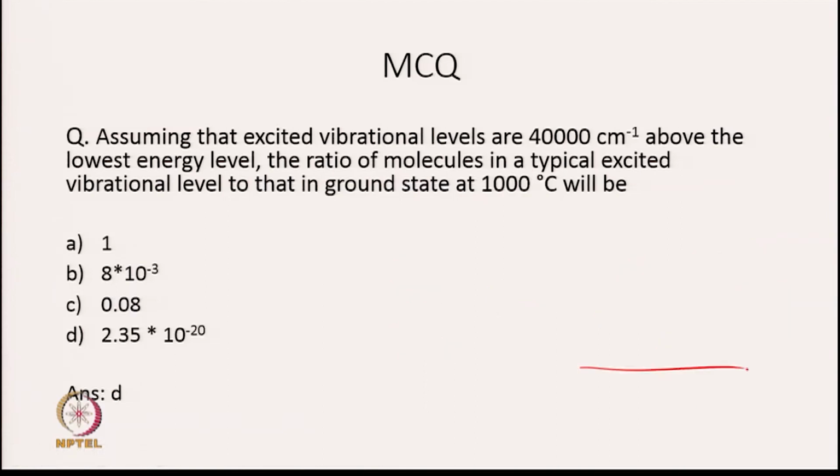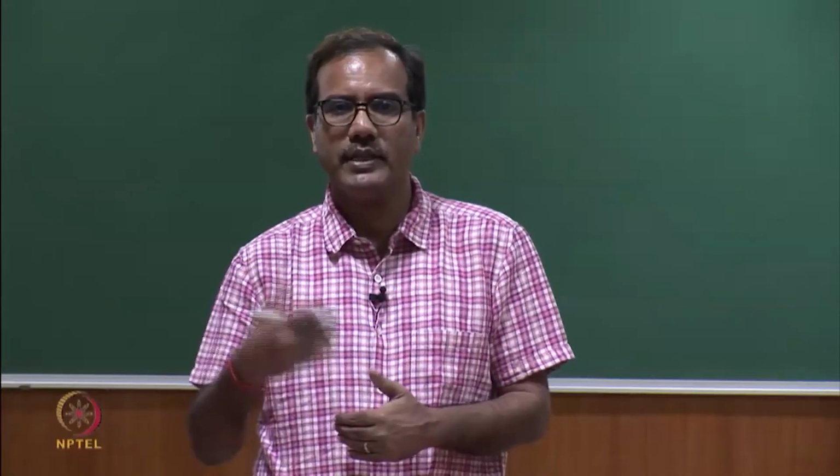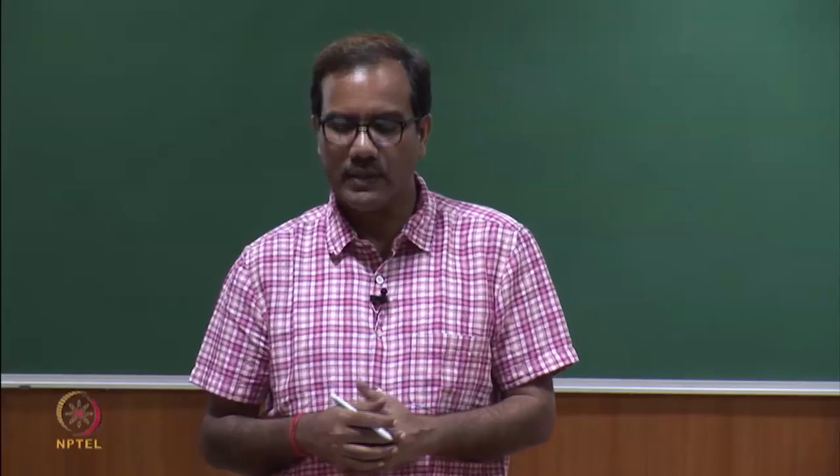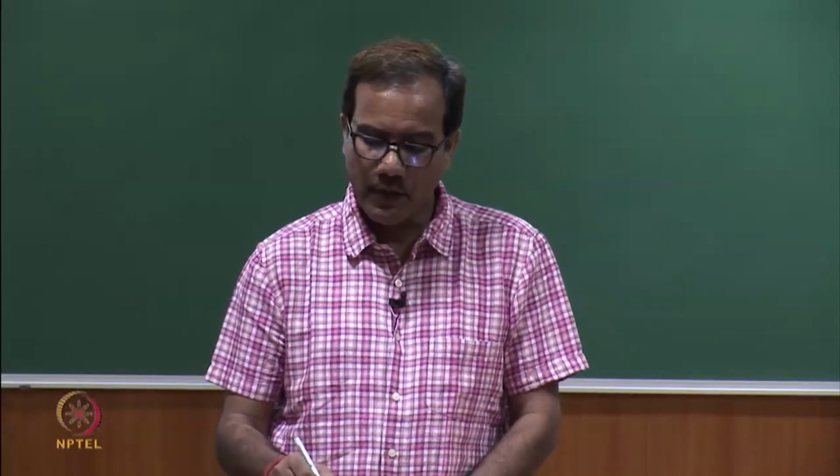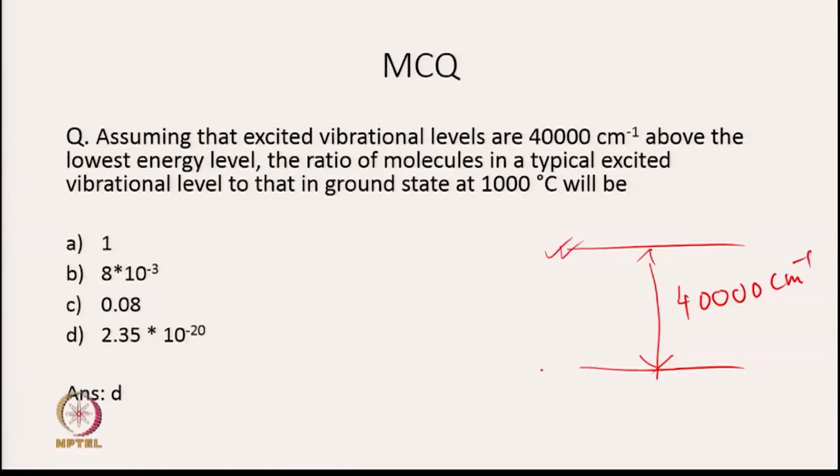In the next question, one energy level is given, a second energy level, and this value is given in wave number. So, this is 40,000 centimeter inverse, and now again you have to find the ratio of molecules in a typical excited vibrational level to that in the ground state. So, ratio of molecules in this excited level divided by molecules in this ground level.